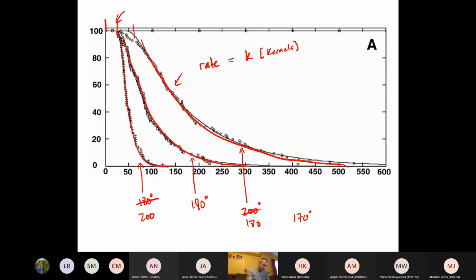If you take any point in this curve, like here, the rate at that point in time is the tangent. The rate at this point in time is this tangent, which is slower, right? Less of a slope. And you can describe that particular process exactly, mathematically.